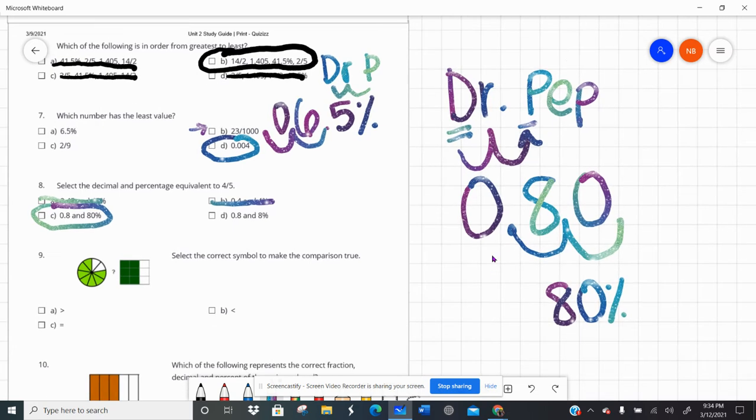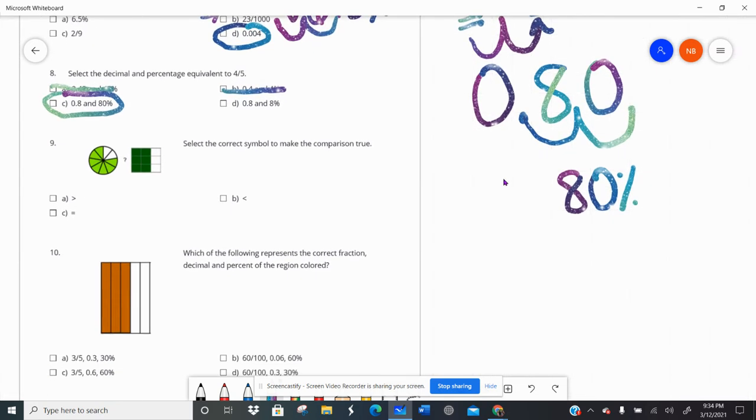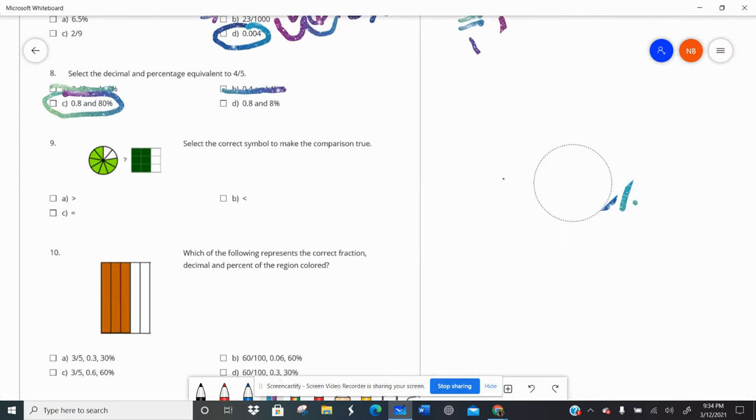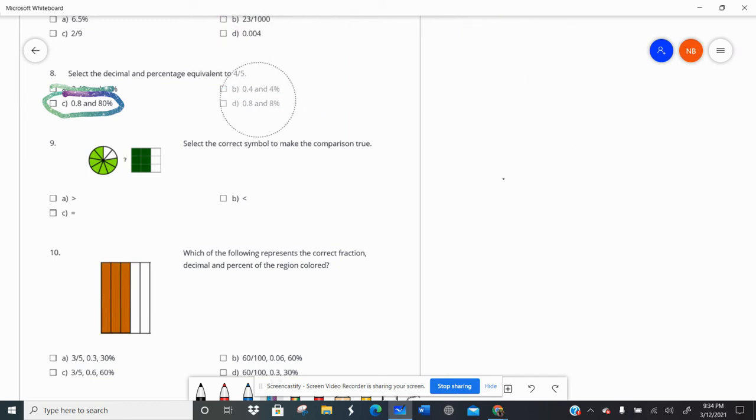Ta-da! All right, let's look at number 9. Number 9 says select the comparison that would make this true. So let's look. We have to see how many total we have. 2, 4, 6, 8, 9. Right? Is that 9? 1, 2, 3, 4, 5, 6, 7, 8, 9. Yep, 9. All right, so how many are colored? 7 out of 9.